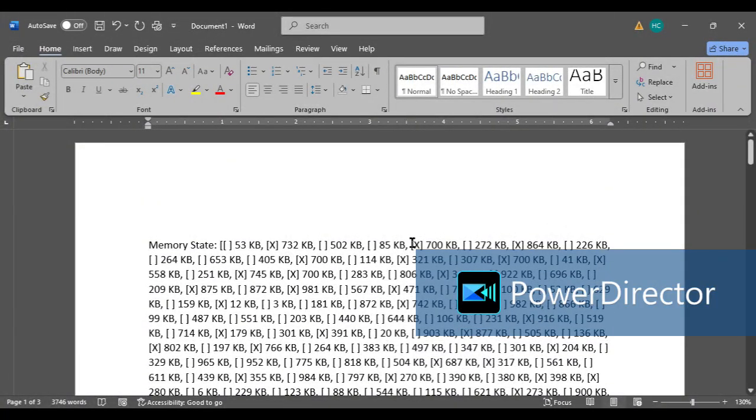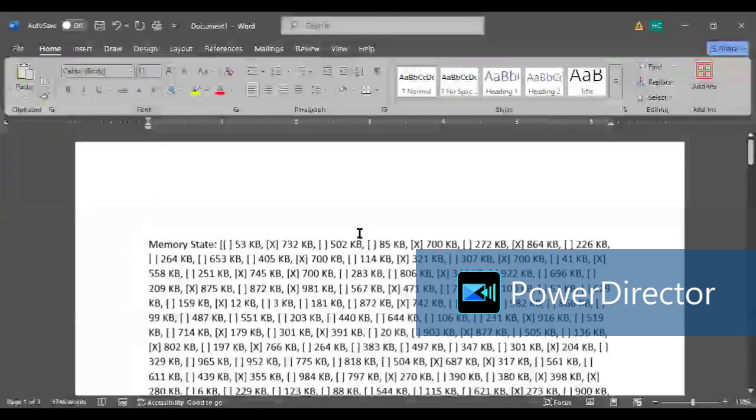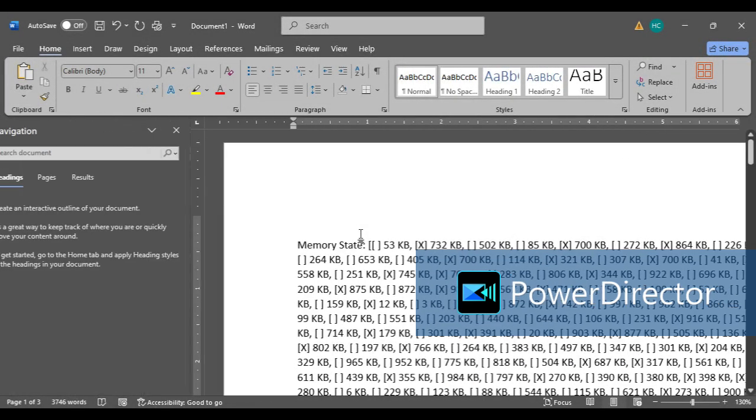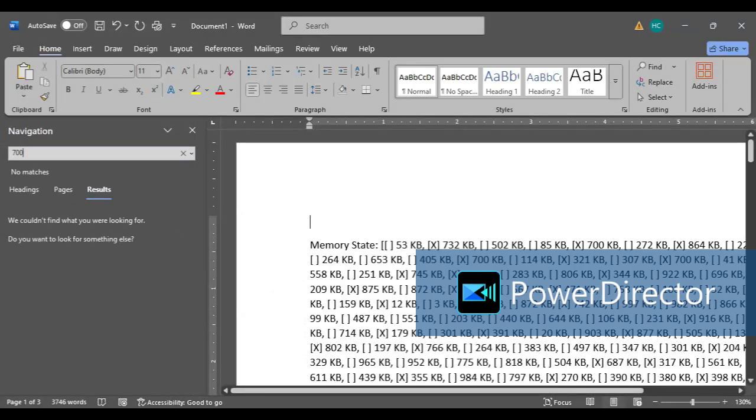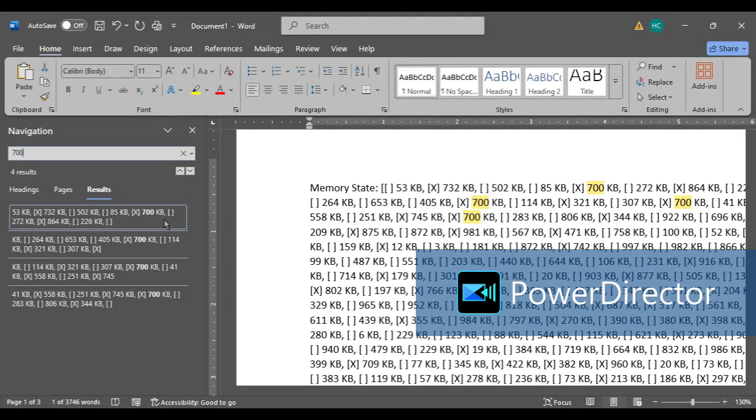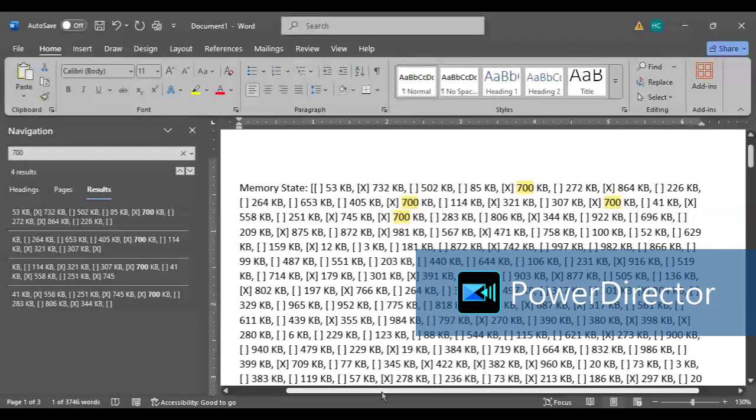So I have copied the memory status after 5 allocations using the first fit. Let's find all the 700s we were able to allocate. We were able to allocate 700 5 times, and the 700s are just at the top of the memory. These are the first blocks the first fit found that could accommodate 700.